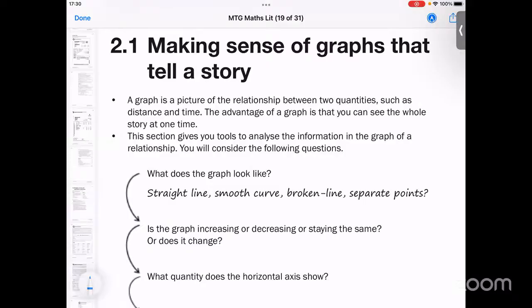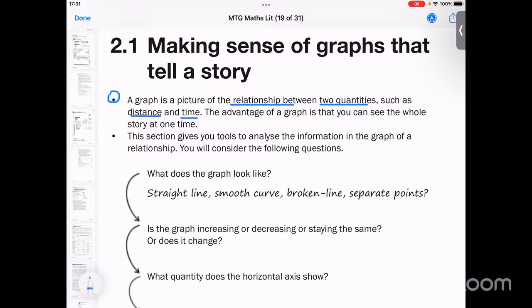So I'm just going to read through that first bullet over there, where we've got a statement which says a graph is a picture of the relationship between two quantities. Very, very important, that part. To say we are actually looking at a relationship between two quantities. An example would be the distance and the time.